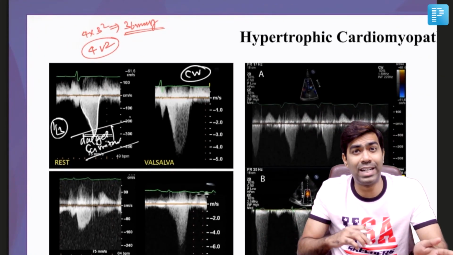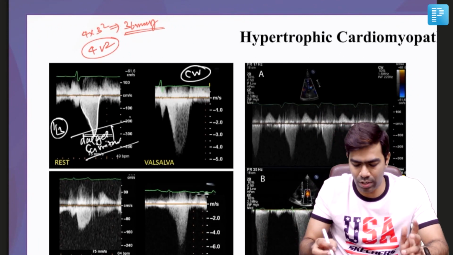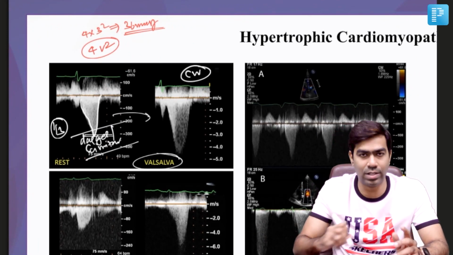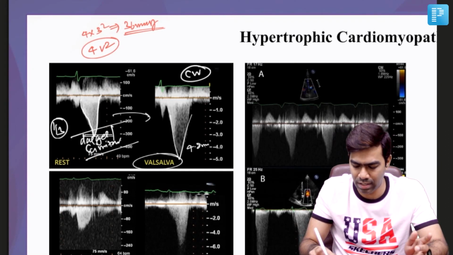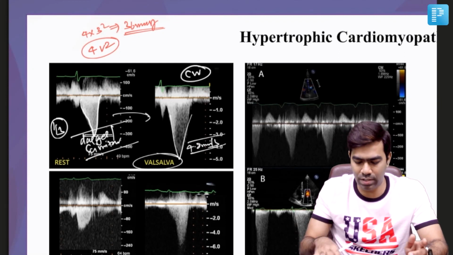And you can prove the dynamicity of the LVOT gradient by asking the patient to do a Valsalva maneuver, where the gradient increases tremendously. In this example, it is approximately 4.8 meters per second with Valsalva.